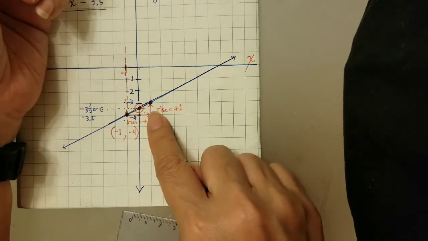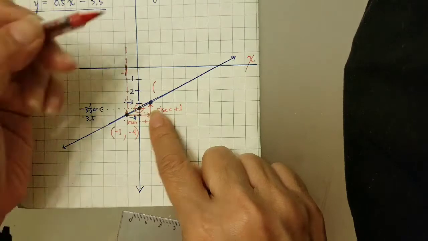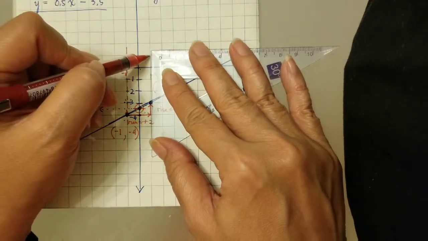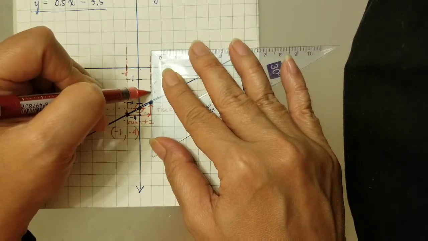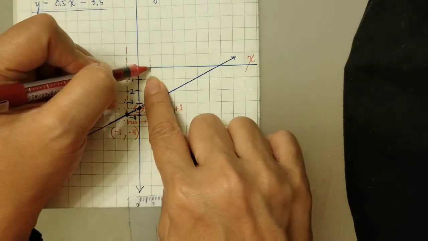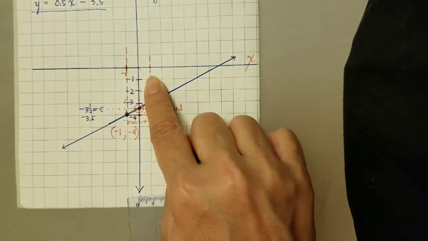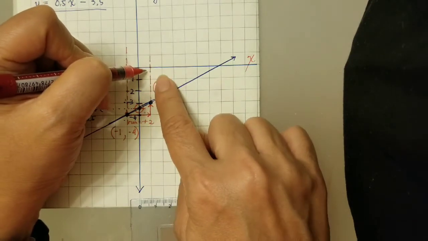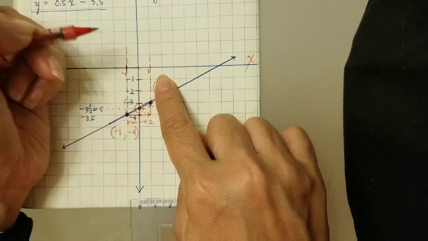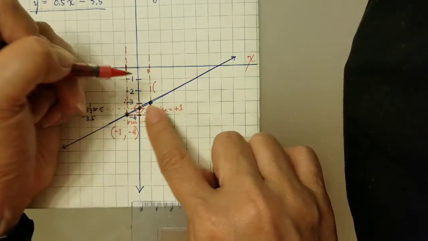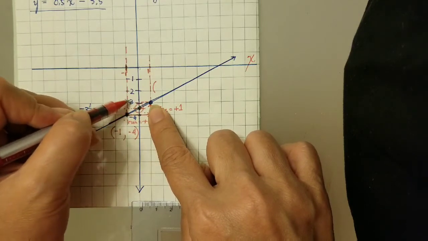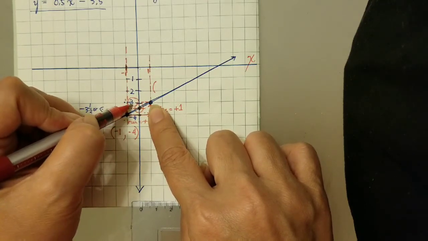Okay, and look at this one. What would this be? Let me just put my ruler here. Okay, as you can see, it hits this line. So this would be 1. And where does this hit? -3.